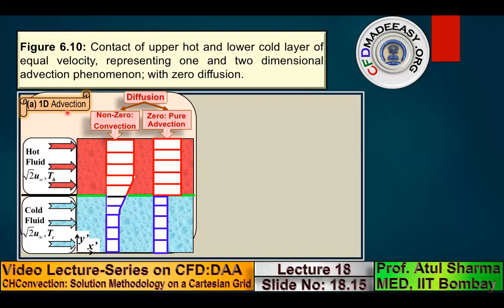However, if we want to make this a 2D advection problem, then we rotate the coordinate system. This was the original coordinate system x prime, y prime. If we rotate it by 45 degrees, we get the coordinate system x and y, where the fluid is now moving along the diagonal. This is our domain, which I will show you separately.